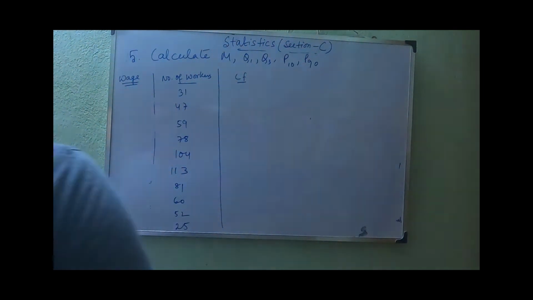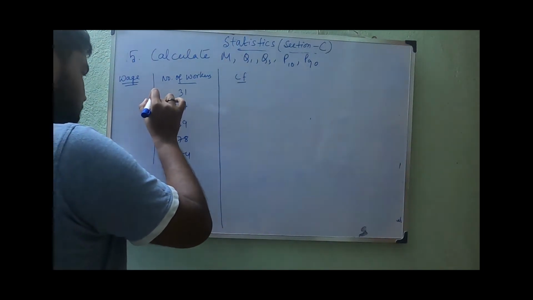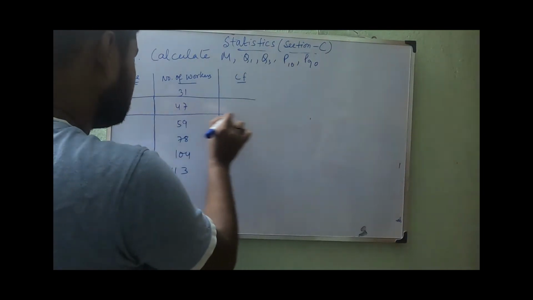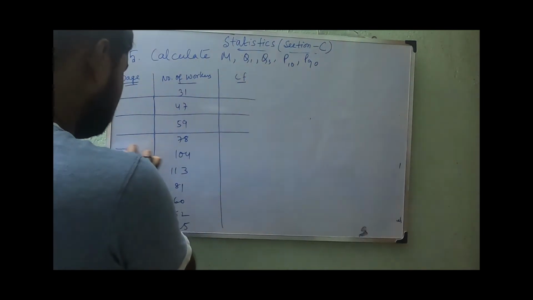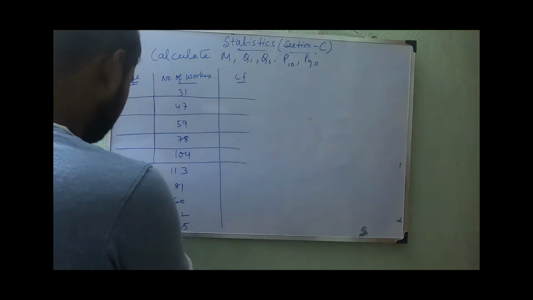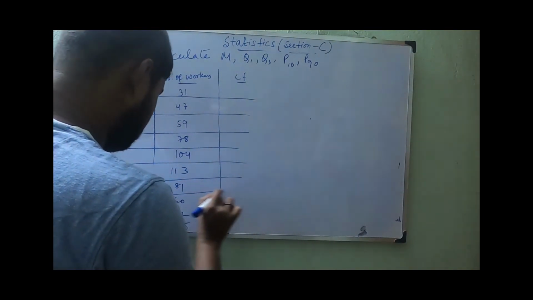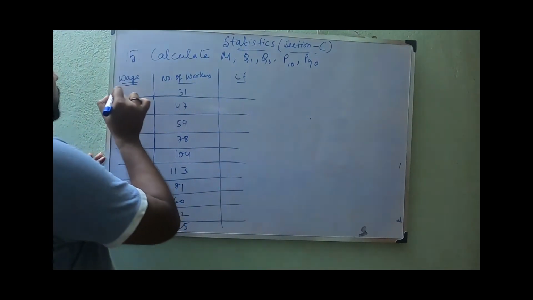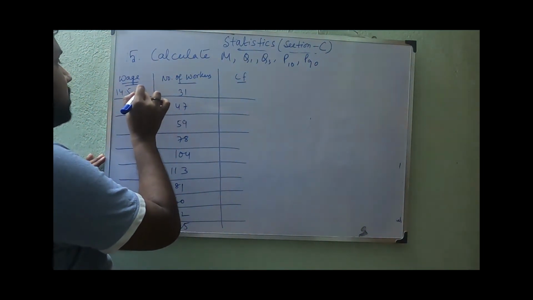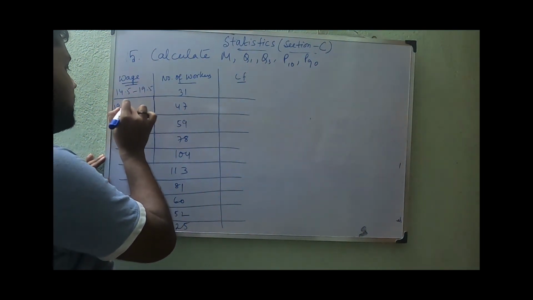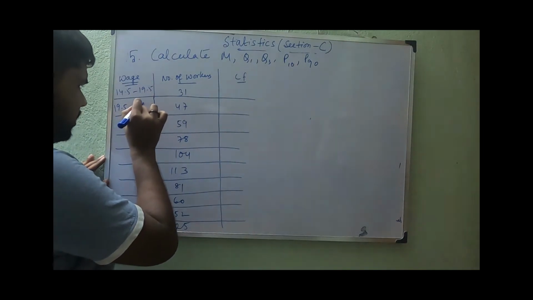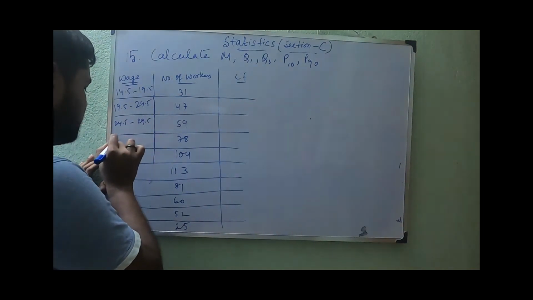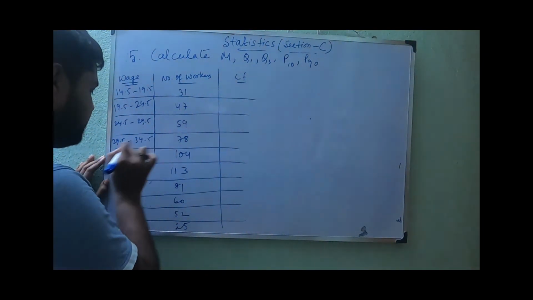Instead of 15 to 19, it will become 14.5 to 19.5, 19.5 to 24.5, 24.5 to 29.5, 29.5 to 34.5, and so on.